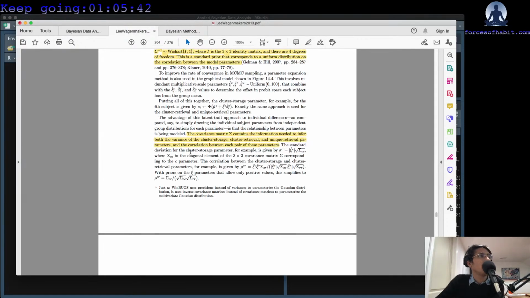The standard deviation of the clustered storage parameter, for example, is given by this.